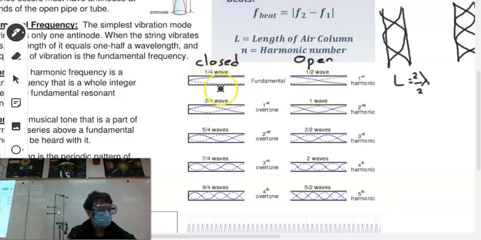So here's our fundamental or first harmonic for closed and open. Here's our second harmonic. Now our second harmonic we also call one more than the fundamental, which we call the first overtone. Third harmonic would be the second overtone. Fourth harmonic would be the third overtone, and so on.